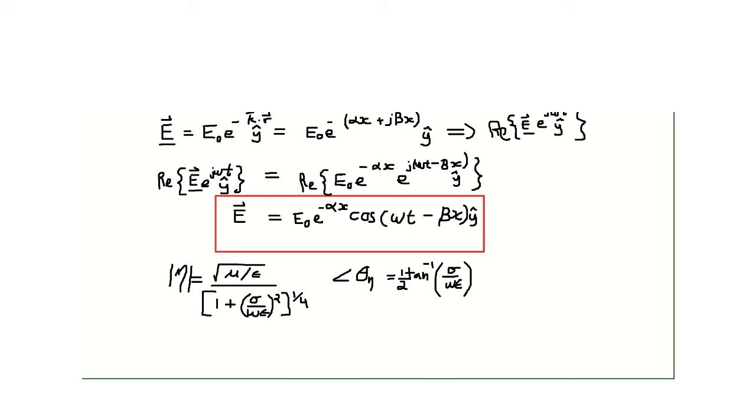And now if we were to take the complex number of this phasor representation, it would appear as the following. From here, if we know the propagation vector and we also know this impedance and the electric field, we can directly solve for the magnetic field, assuming a plane wave solution. And from here, use similar steps as above to derive what the magnetic field is in its time form.